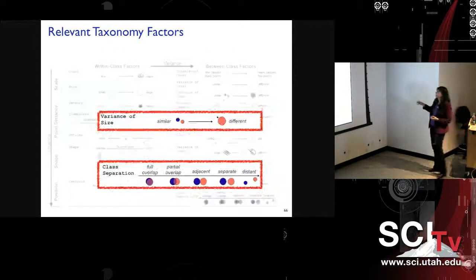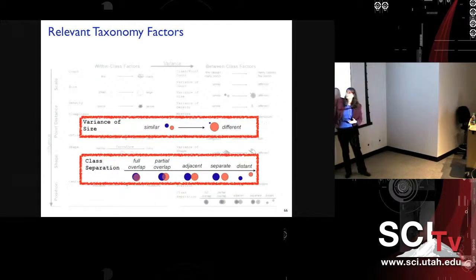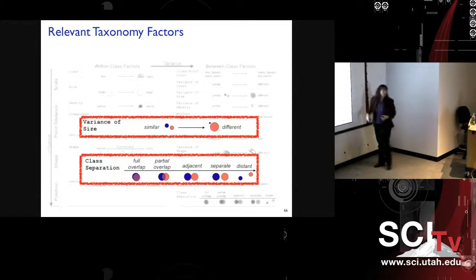But the part I want to focus on is, well, what mattered in the taxonomy. In this particular case, it was whether you had a variance of size. And clearly, a lot of the validation had been done with data sets where the classes had similar size, as opposed to really disparate sizes.